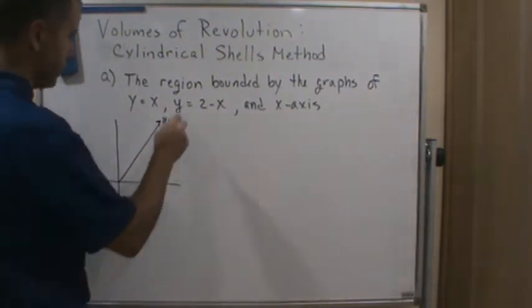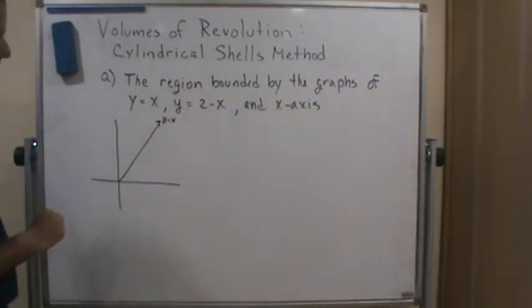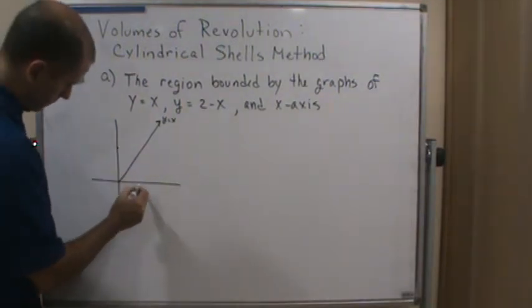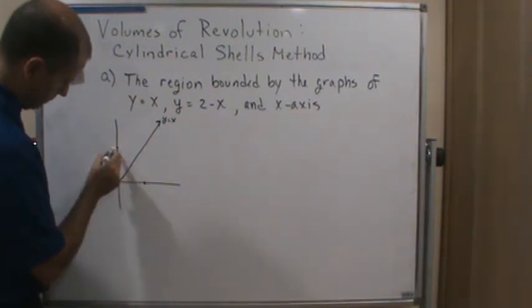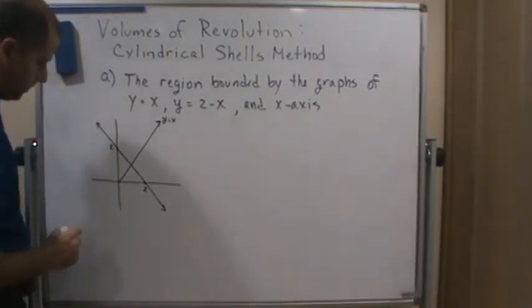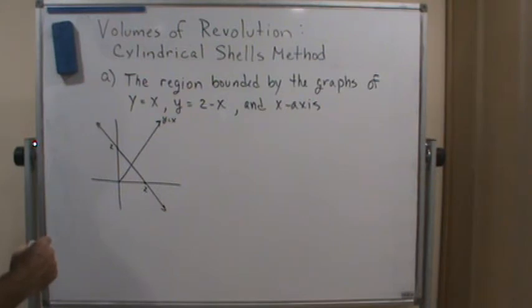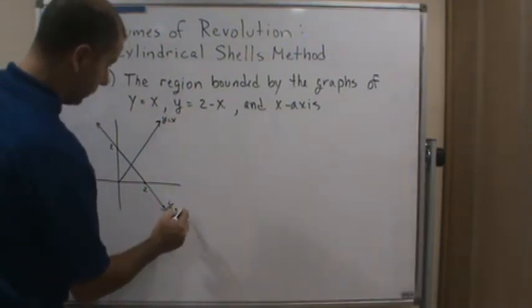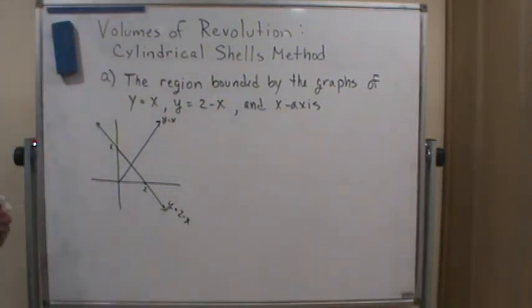And then, of course, y = 2 - x is going to go like this. Okay, so that's a sketch of the graph.